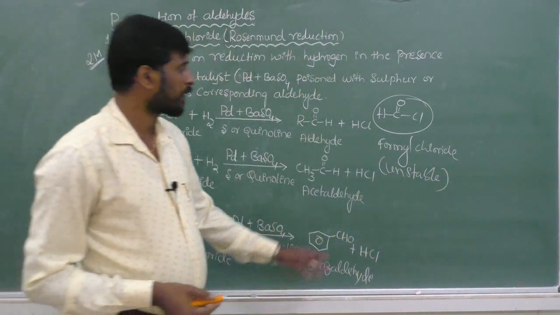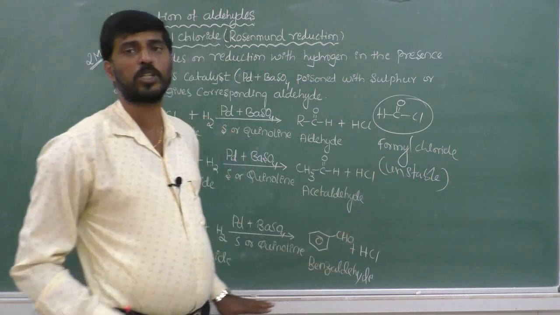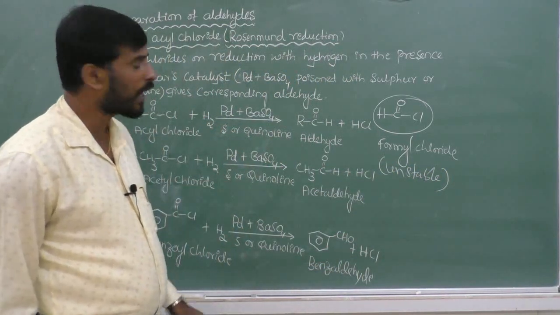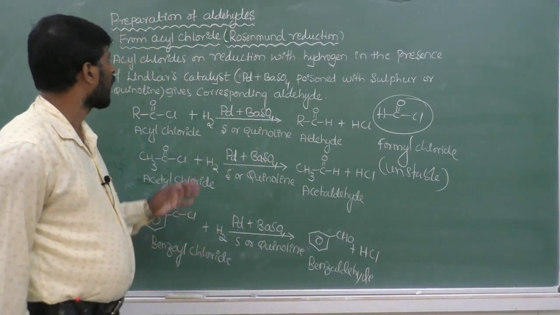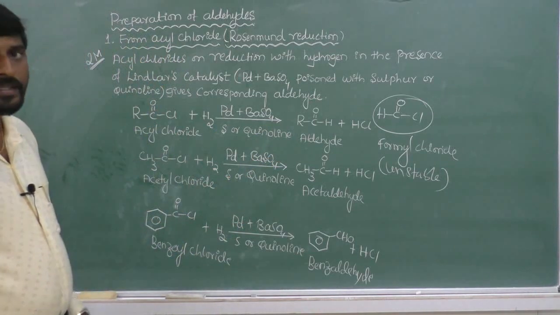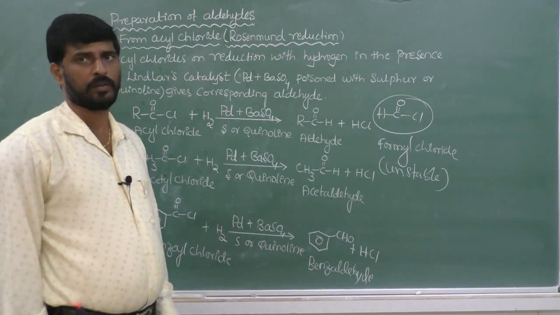That's why by using this formyl chloride, it is not possible to prepare formaldehyde. So, this is about the preparation from acyl chloride, or Rosenmund reduction.